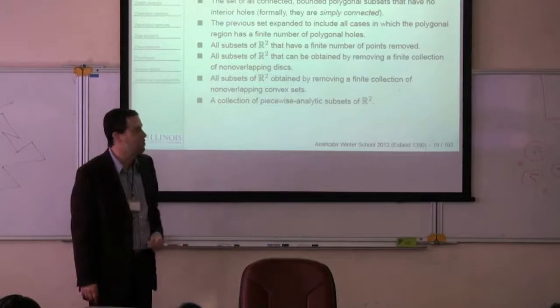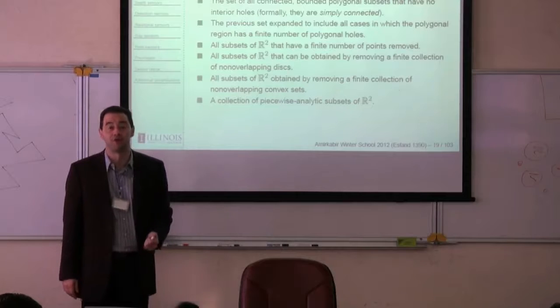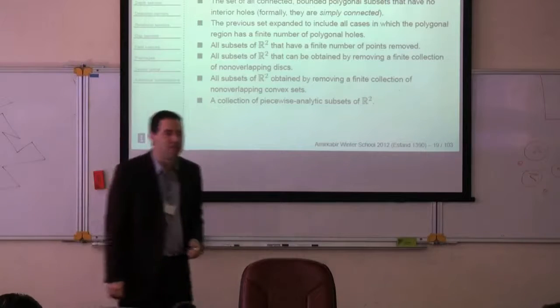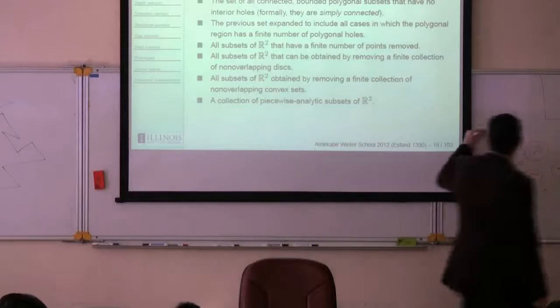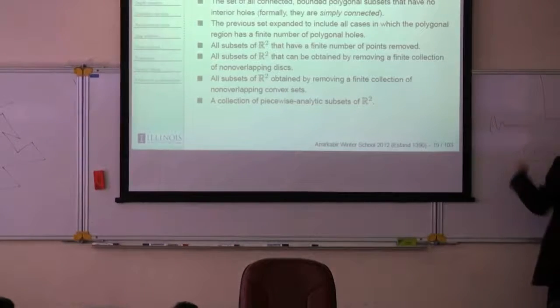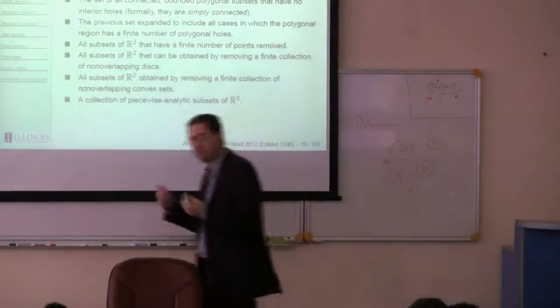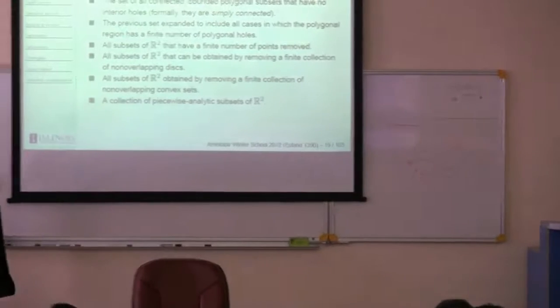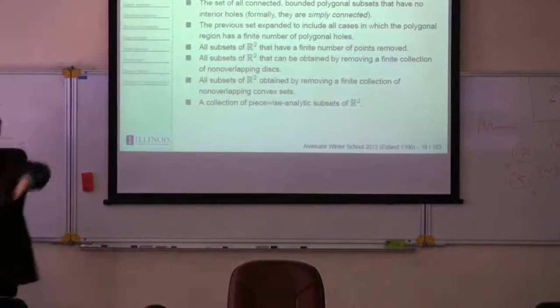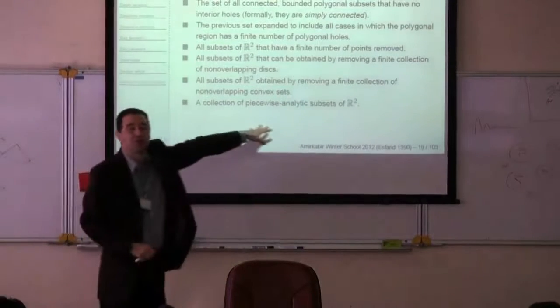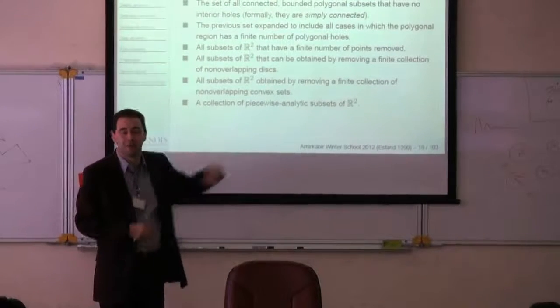I could say that it's a collection of piecewise analytic subsets of R2. So in other words, they're piecewise smooth, but in addition to being piecewise smooth, you can't have weird stuff like this, where you have an infinite number of wiggles. So piecewise analytic, if you remember the definition of analytic, will imply that you only have a finite amount of changes, so that you can make smooth-looking versions of polygons, and that may be fine for a lot of problems.